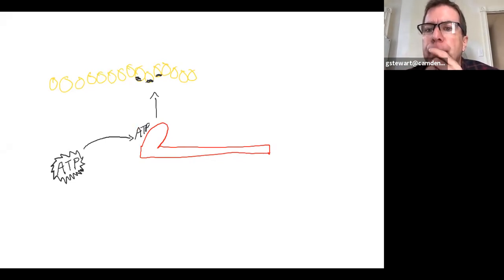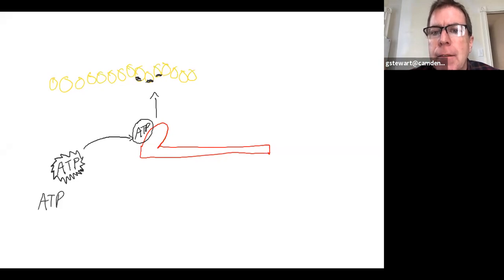There it is. Then this ATP molecule attached to the myosin head splits off its terminal phosphate. That happens because there's an enzyme called ATPase, which hydrolyzes, meaning it breaks something apart using water.